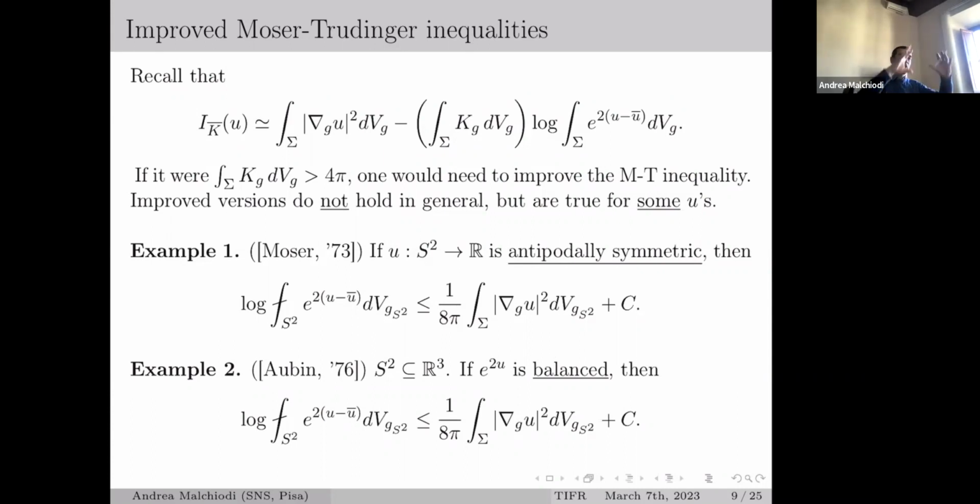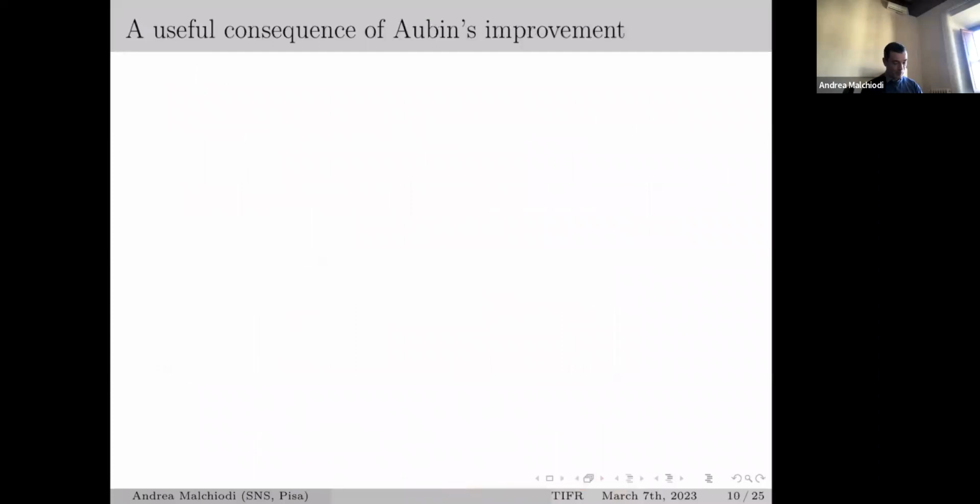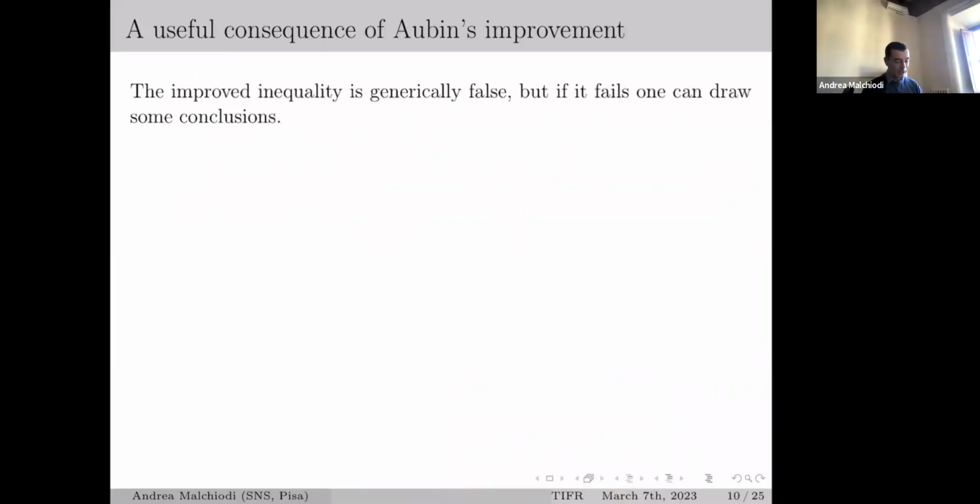So the volume is sort of equidistributed on the sphere. Then you can still get this improved inequality. This improved inequality actually holds even with C equal to 0, as was proved by Gui and Moradi-Pham a few years ago, with a very nice, say, geometric argument.